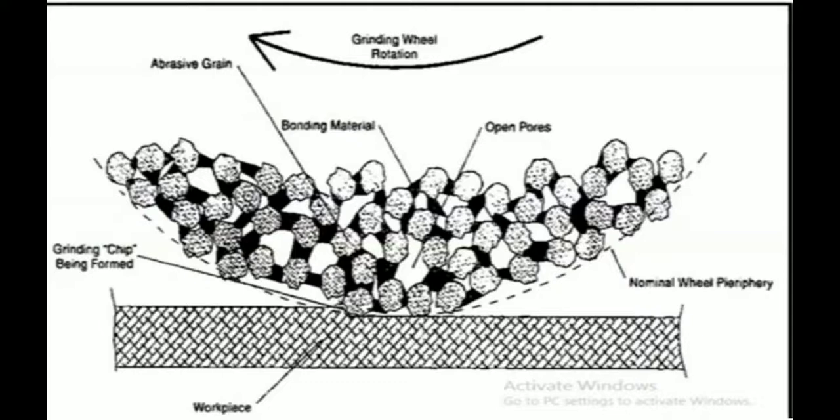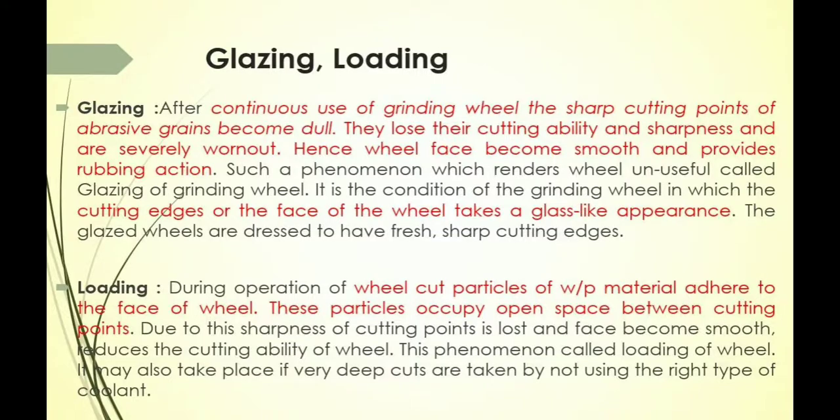And due to the loading of the particles continuously in the space provided between two cutting edges or two abrasive particles, the phenomenon is called loading. And due to the loading, the outer surface of the grinding wheel becomes smooth, and the sharpness of the cutting point is lost due to the continuous loading of the material removed from the work.